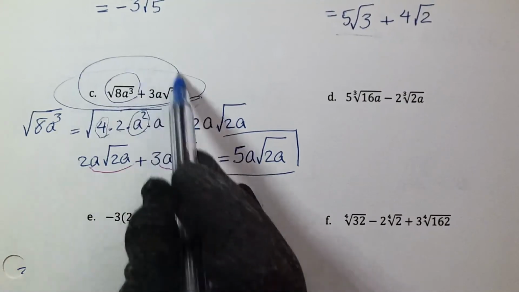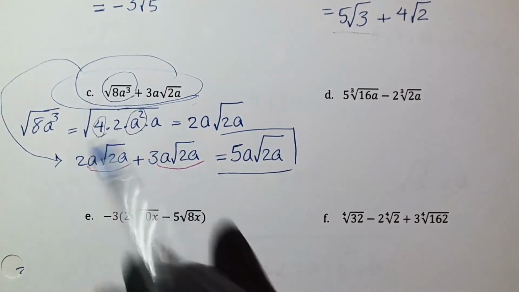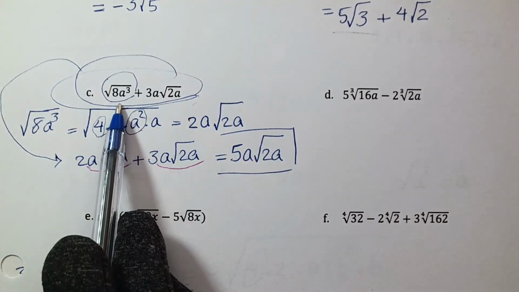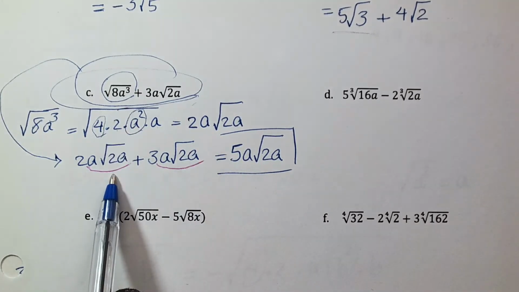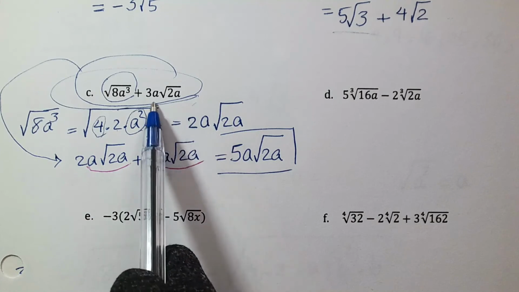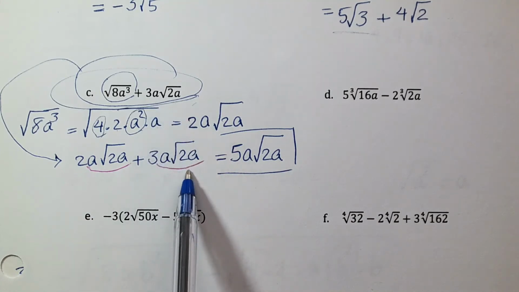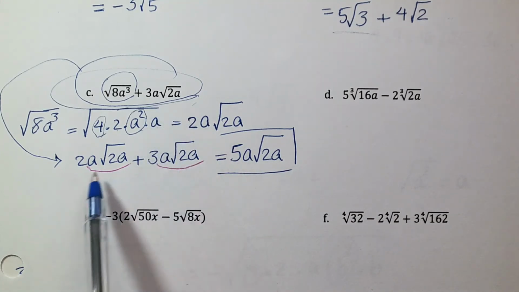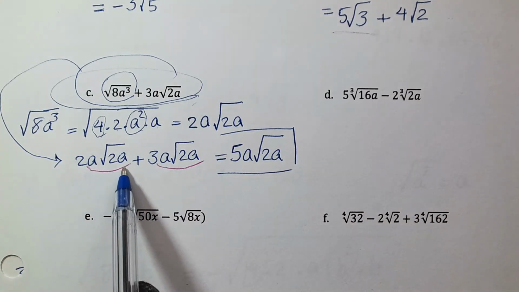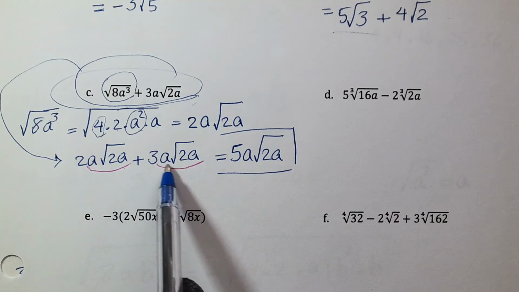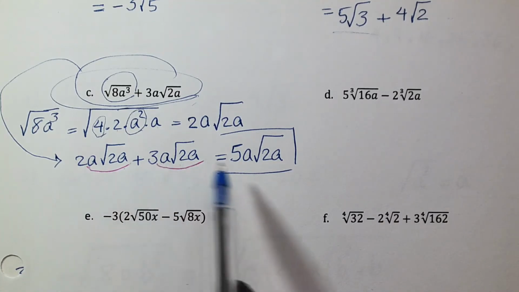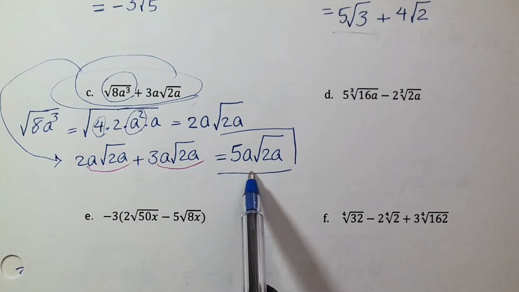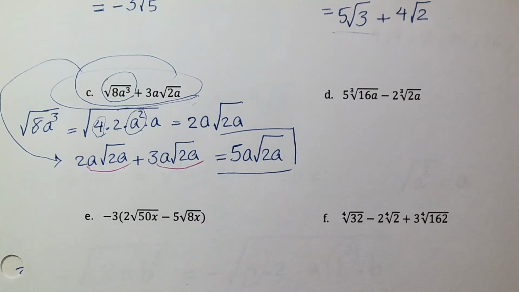Now if you substitute here, instead of the square root of 8a cubed, you can write 2a square root of 2a plus 3a square root of 2a. You see they are similar terms. So if you add 2 and 3, you're going to have 5a square root of 2a.